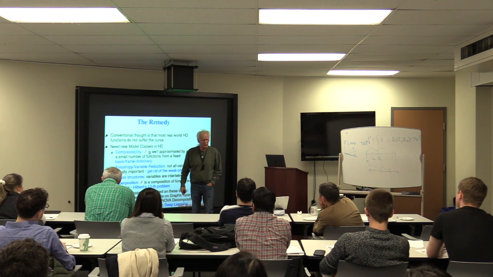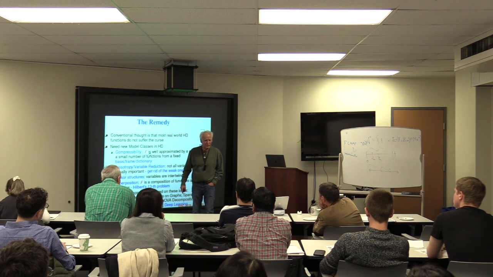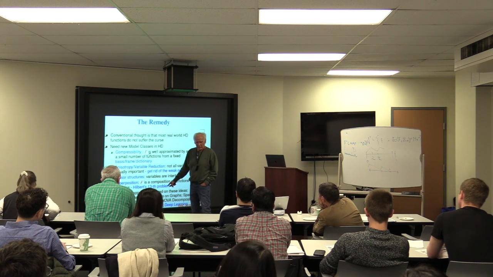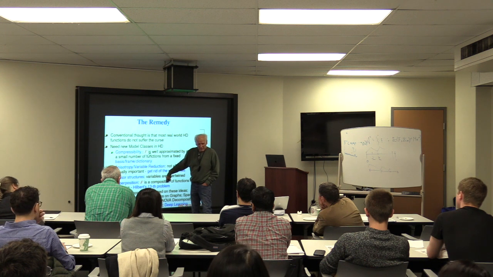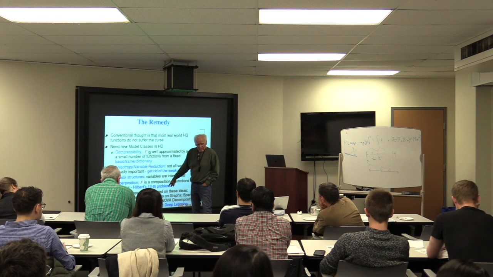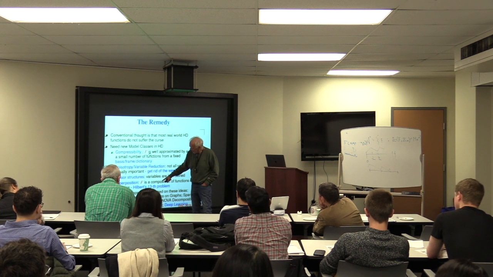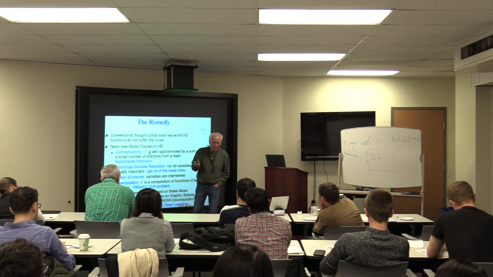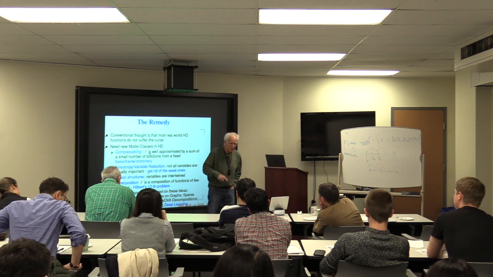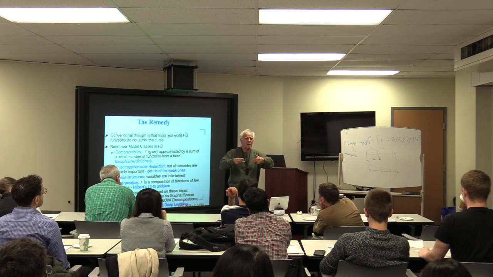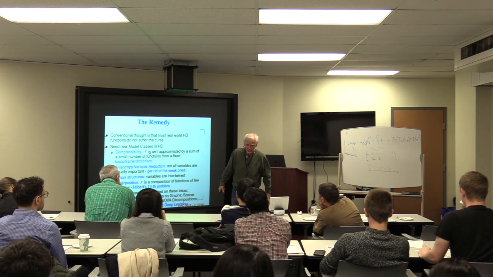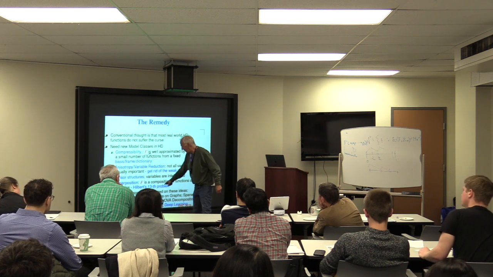And who was it, Vitushkin, or who solved this problem first? I don't remember, but there are a lot of results on this now. And this fact that any general function of many variables can be reduced in dimension somehow by taking compositions of functions is a very powerful idea.